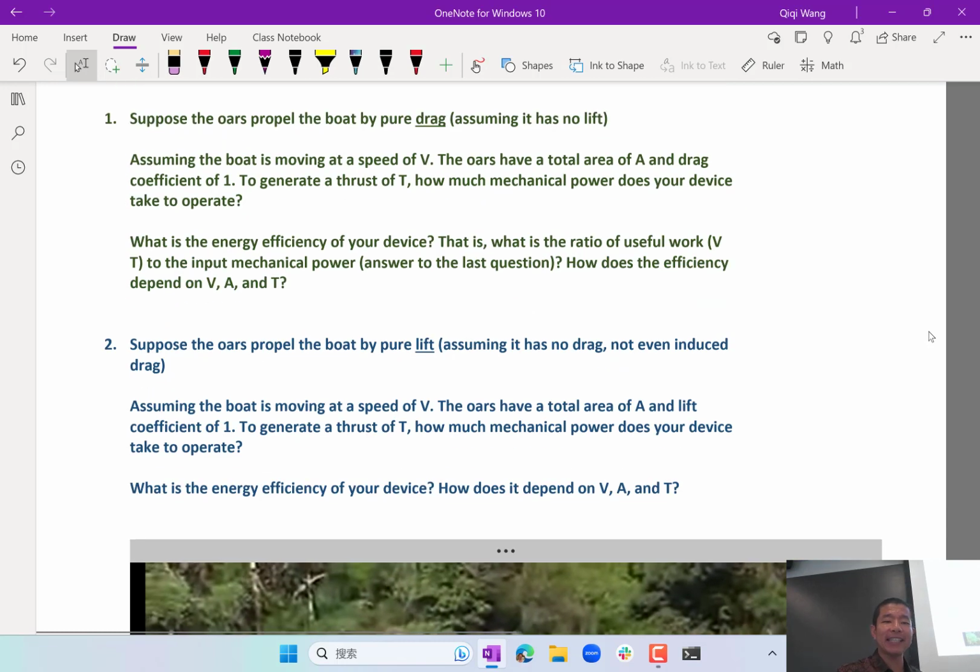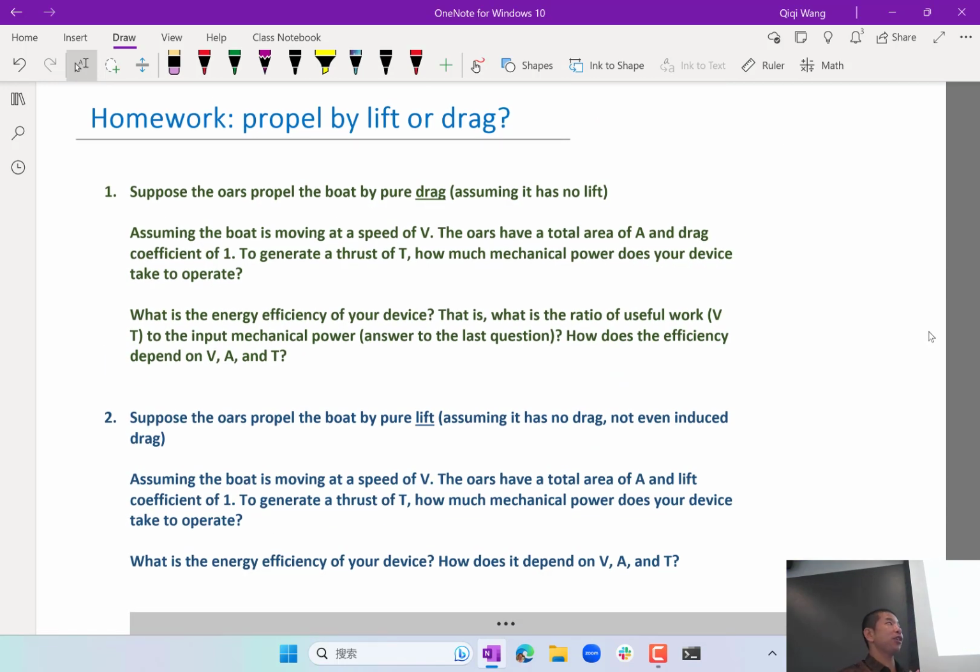And to make the analysis easier, the homework is just to think about two extreme scenarios. Suppose the oar propels the boat by pure drag, assuming it has no lift at all. Which means you have to assume the relative motion between the oar and water is exactly in the direction of the force which propels the boat, in the direction of the motion.